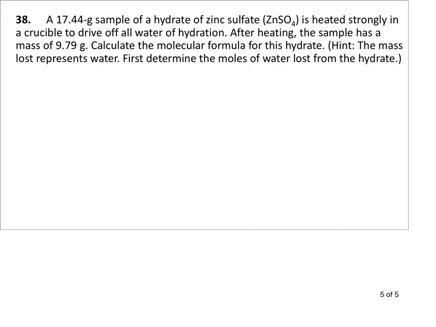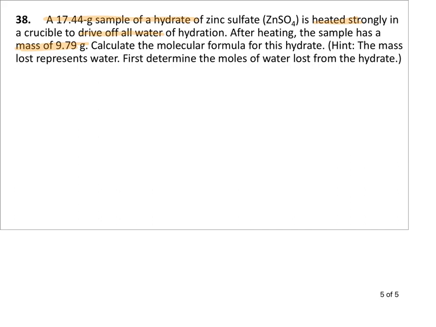And 38 is a little different. This is something like we might do in the lab. We have a 14.77 gram sample of the hydrate, and we heat it to drive off all the water. And when we're left, we have 9.79. This would be the anhydrous version of it.